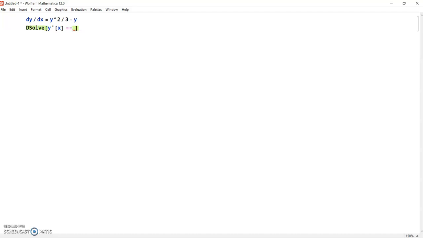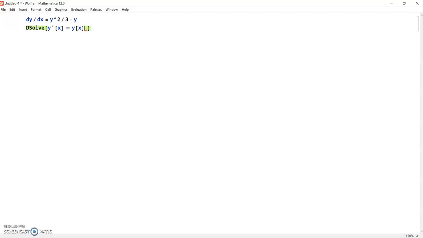So I will put a double equal sign over here, and then next I have to put the term y power 2 over 3. So y will be represented as y of x. For the power, there are two ways to represent it. Just like I did in the first statement, using the hat symbol with the shift 6 key on the keyboard.